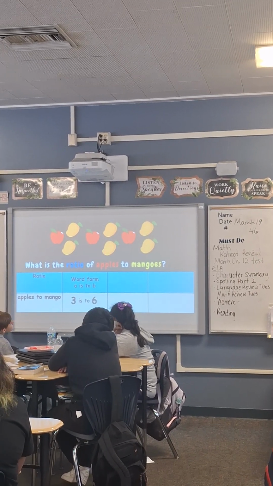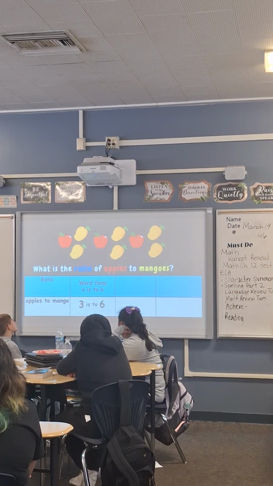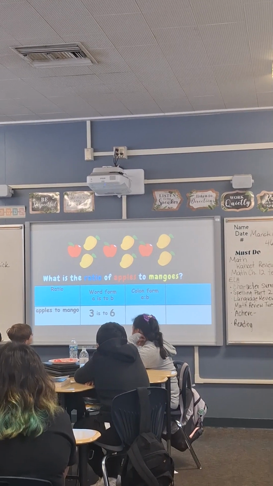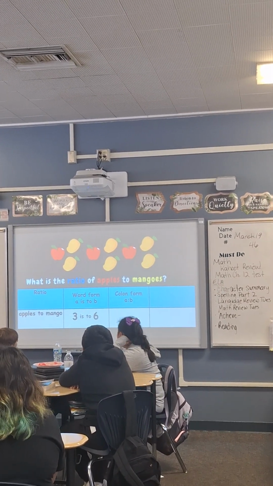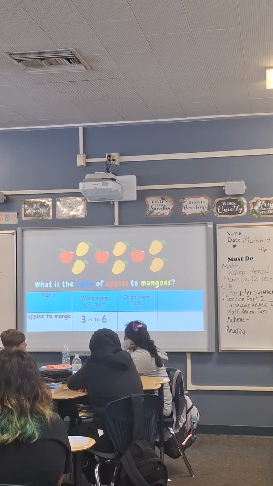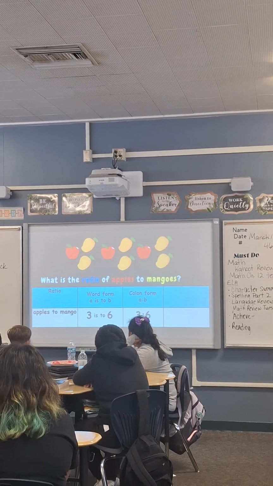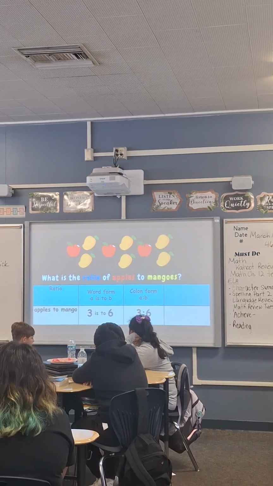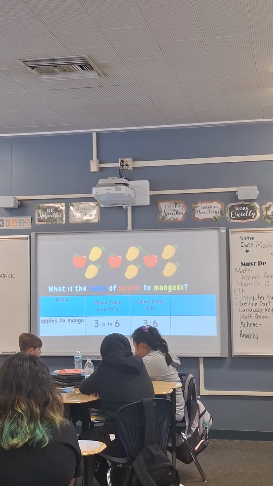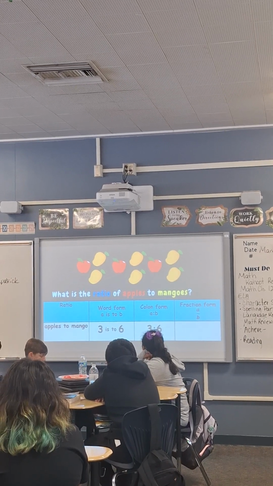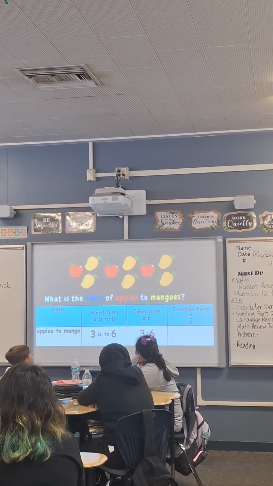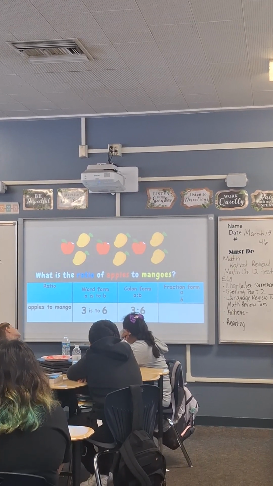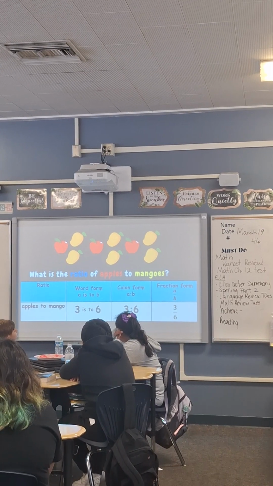Wonderful. Now for our second way of writing the ratio, we have the colon form. Here, instead of writing the words is to, we are going to replace them with the colon symbol. That makes 3 colon 6, but still read as 3 is to 6. Finally, our last way of writing the ratio is the fraction form, where the first quantity serves as the numerator, while the second quantity serves as the denominator, which makes 3 over 6.